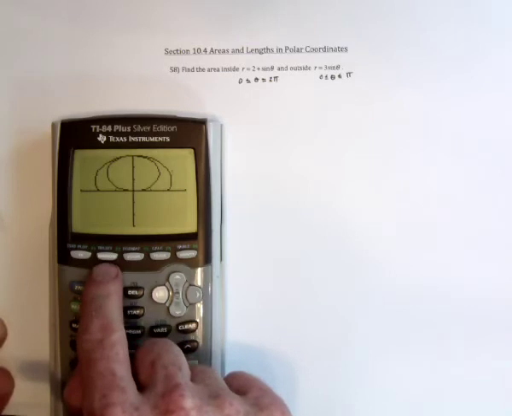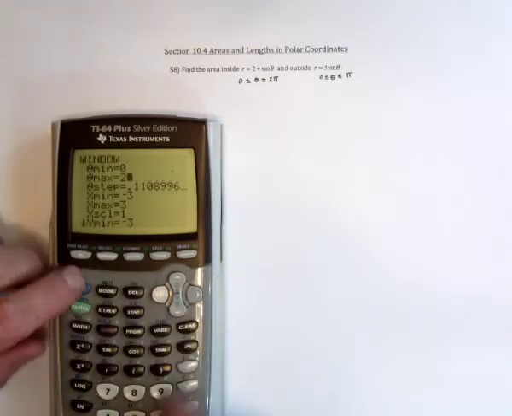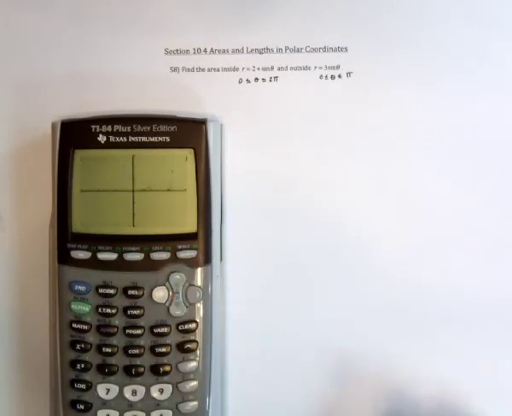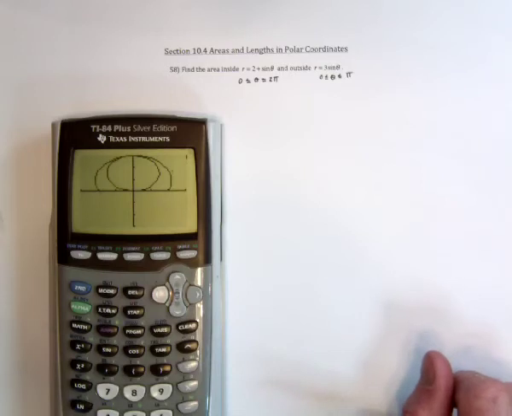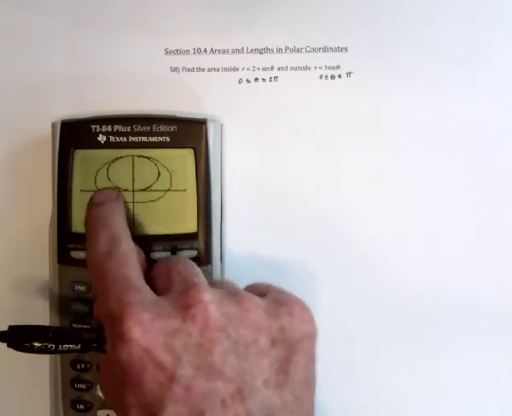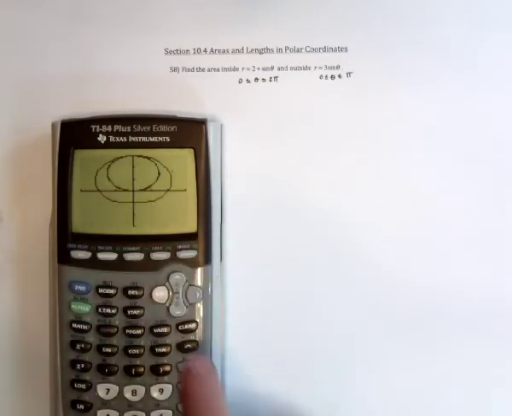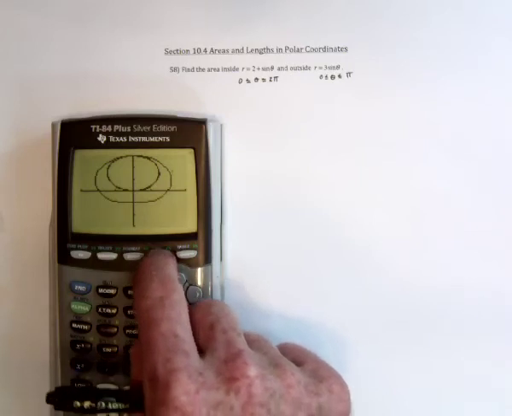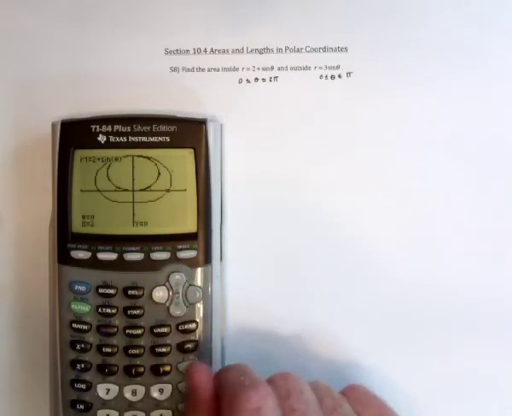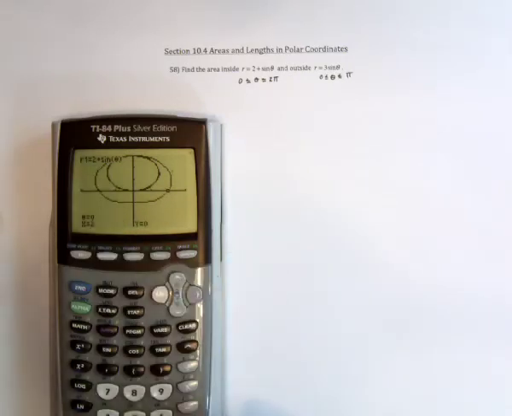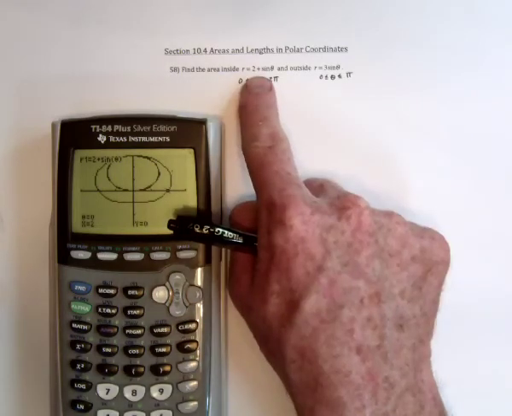Now the idea is to find the area between them, and because one is completely inside the other one, we just take the area of the big one and subtract the area of the small one. Another way you can tell which function is which is to use trace, and it'll tell you the big one is this guy.